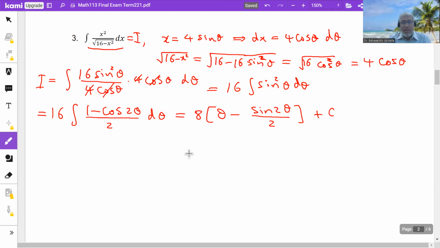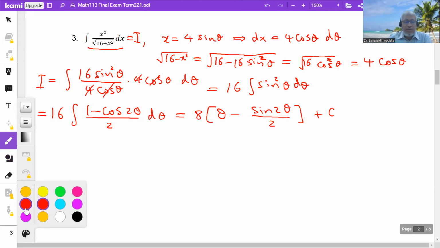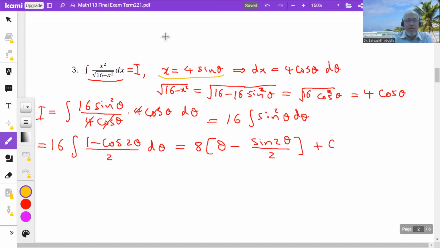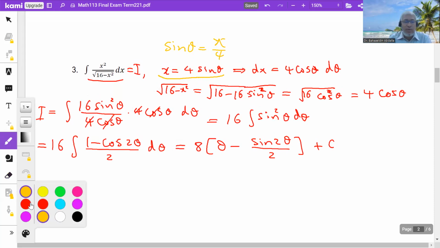But now I need to go back from theta to x. So the relation between theta and x is given here. From here, I can write sine theta as x over 4, if you divide both sides by 4.